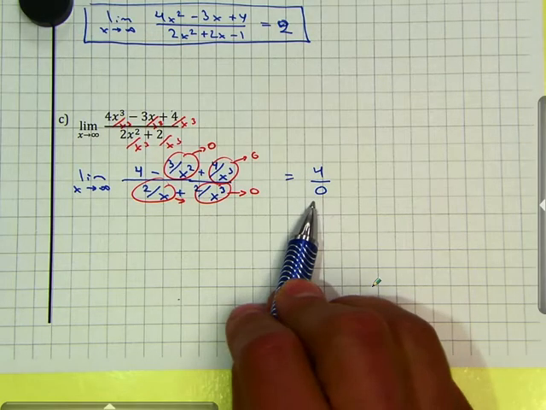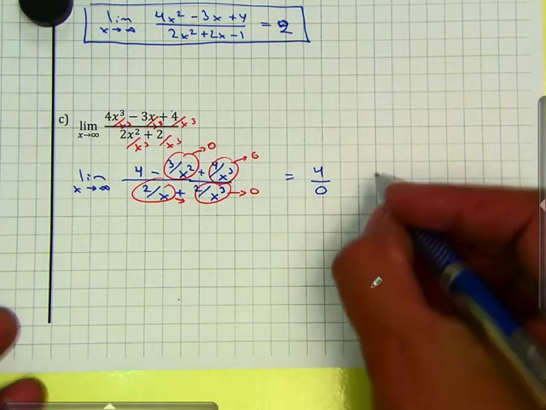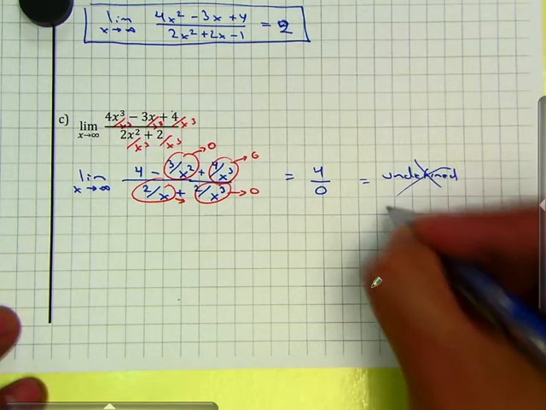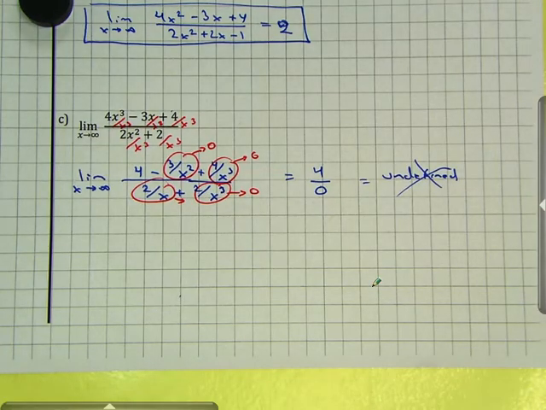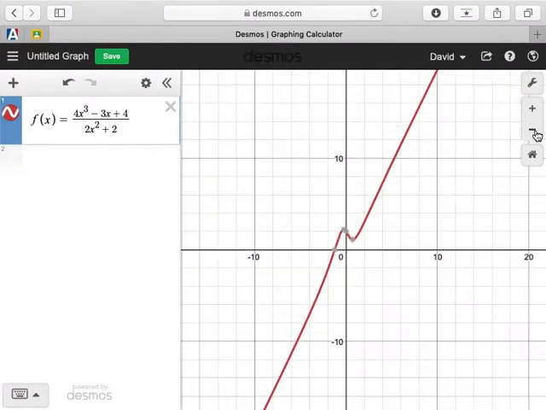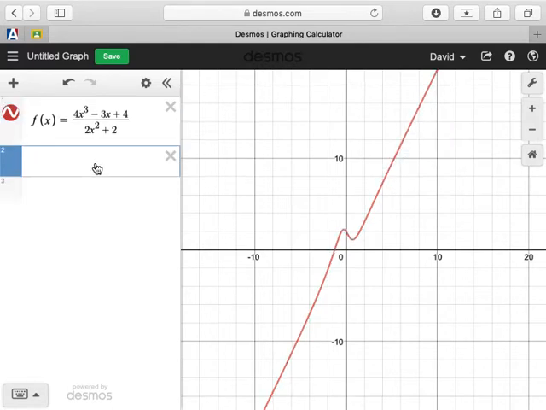Now, what happens if we have a 0 on the denominator? It seems that it should be undefined. But that's not true. Because according to a graph, as x approaches infinity, what are the y values? And we can actually type in just a quick table. Make this f of x, and plug in 1.